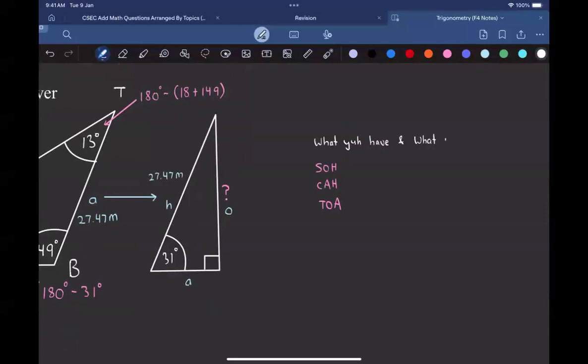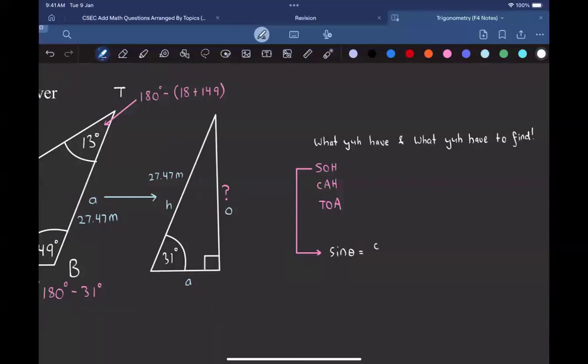So it's sine here, right? Yes, it is sine. So according to the rule, sine theta is equal to what?